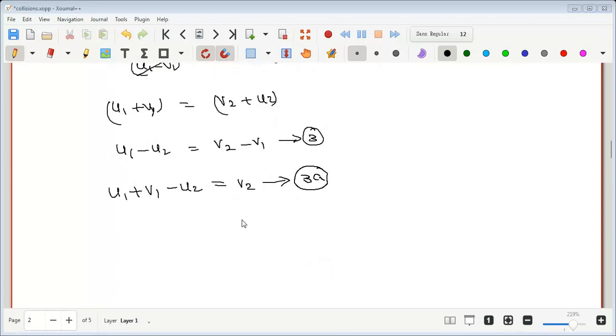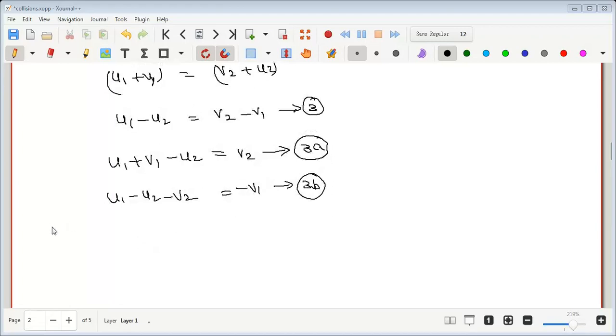Similarly, minus v1 is equal to u1 minus u2 minus v2. This is 3b. If I substitute this 3a equation in the first equation, I will get v1.